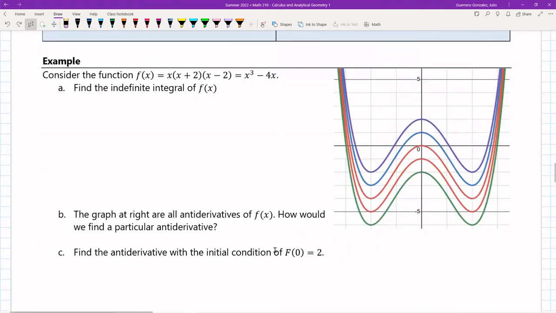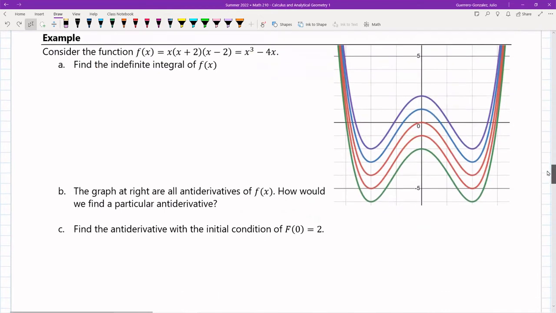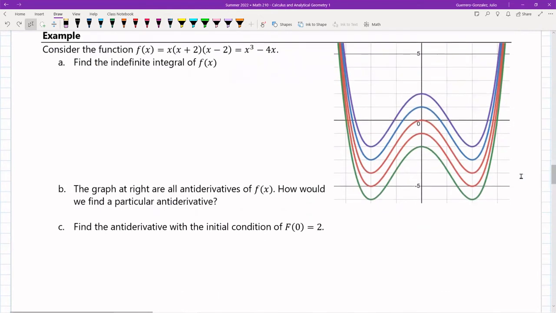So now I want to go ahead and show you something that will come up for most of you a little later when you continue on with your major. So let's consider this function right here. F of x is equal to x times x plus 2 times x minus 2.